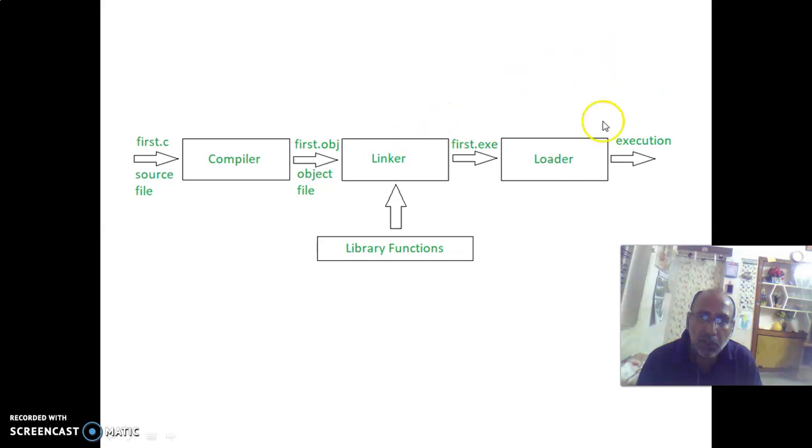Next one is the loader. The loader loads the .exe file, and also gives the execution and the output. See, first the source file, then the object file, and then the exe file.